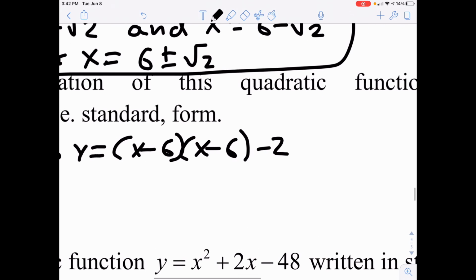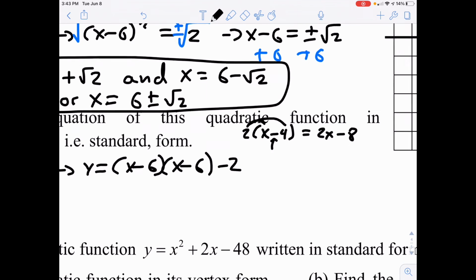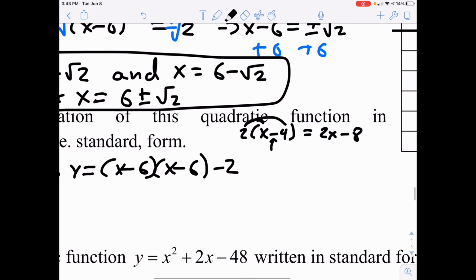Now, when you're multiplying two binomials together, essentially what you do is you distribute the outer term times each of the inner terms. It's very much the same way you would distribute 2 to x minus 4. You would distribute the 2 to the x to get 2x minus the 2 times the 4 to get 8. So you're going to do very much the same thing. We're going to be distributing x minus 6.